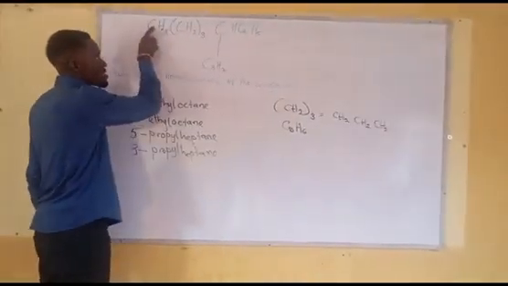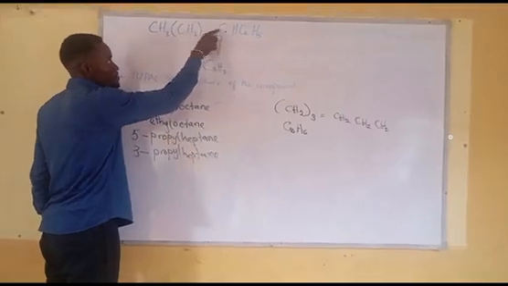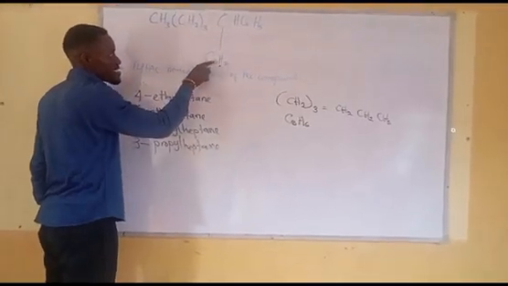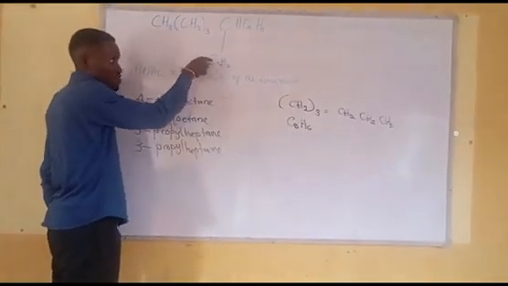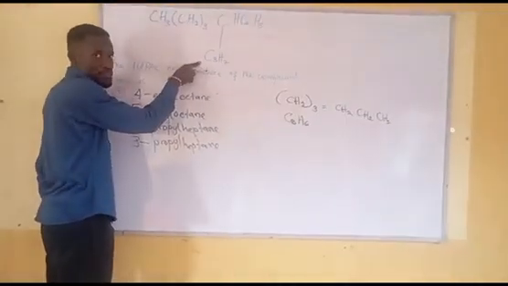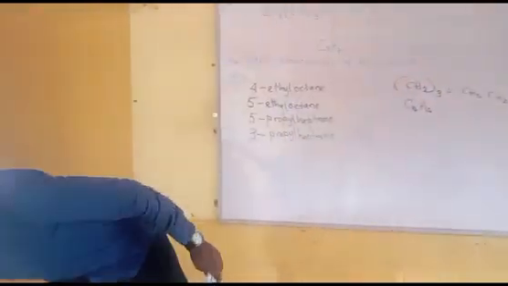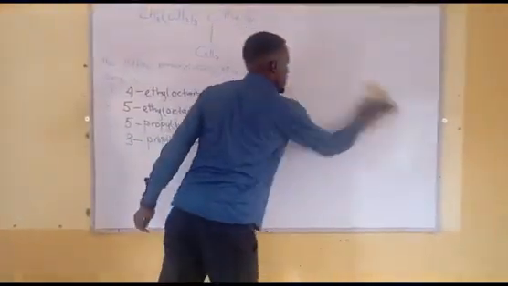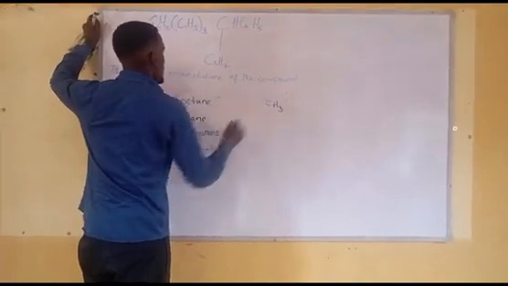We have 1, 2, 3, 4, 5, 6, 7, 8, because this has C3, which means 3 atoms of carbon. Or basically, let's just redraw the diagram so that you can understand it better. So we have CH3, right?